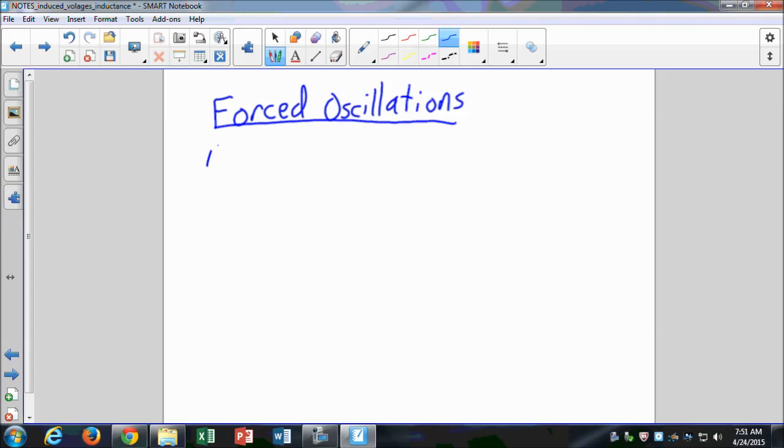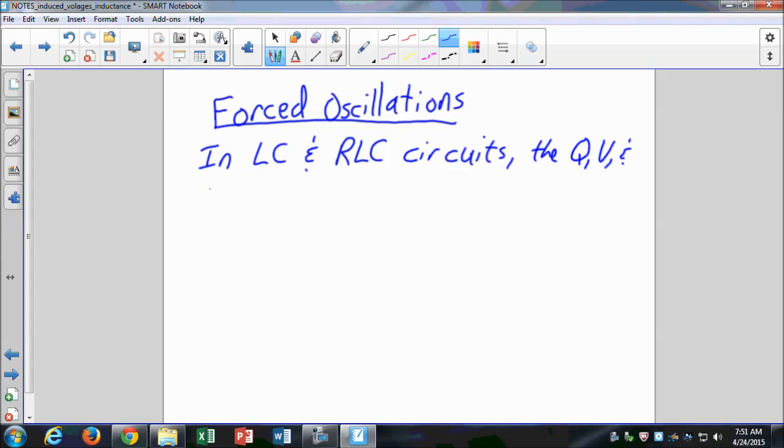In LC and RLC circuits, the charge, voltage, and current oscillated at a frequency given by the circuit.